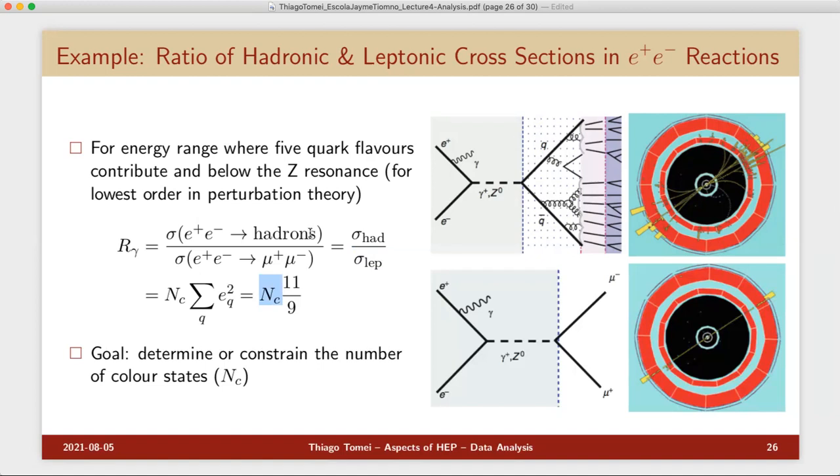The number of colors in QCD, we now know it's 3, but let's assume we don't know. So how many colors do we have?